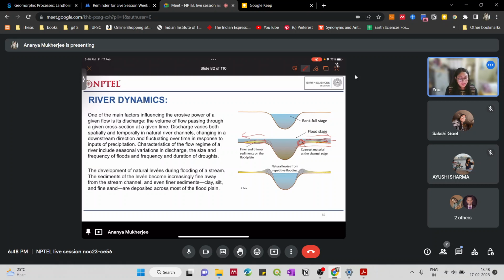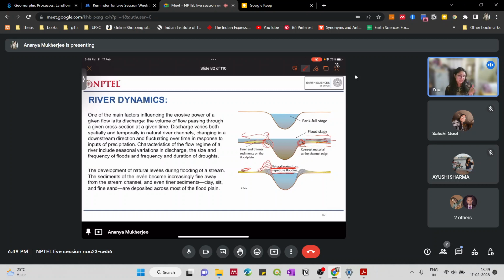And then you see that with repetitive flooding, the material over here gets built up. More as the natural levees, as this feature is called. If the natural levees increase in height, then in the coming year, if the flood is happening and the water is only till here, you can see that this area is not going to get flooded anymore.